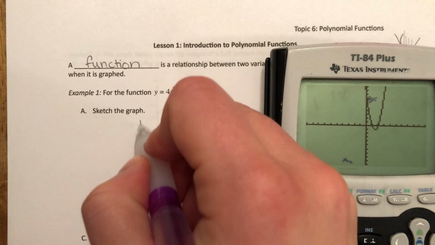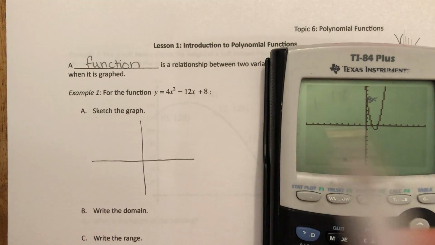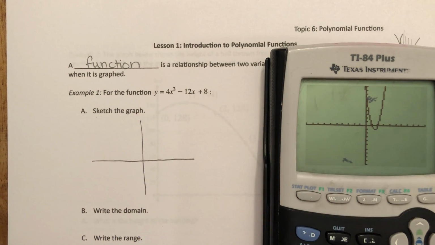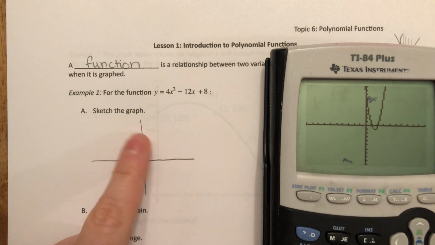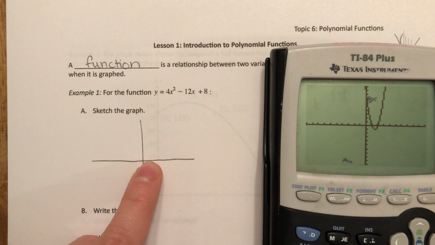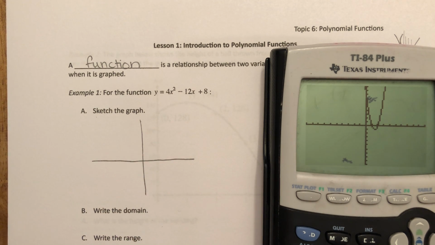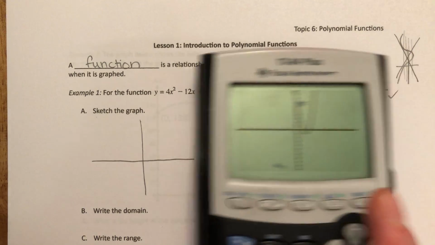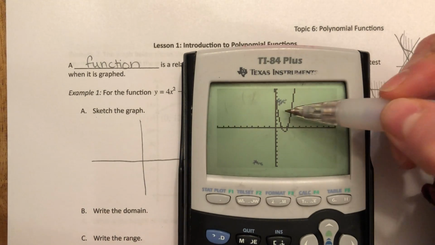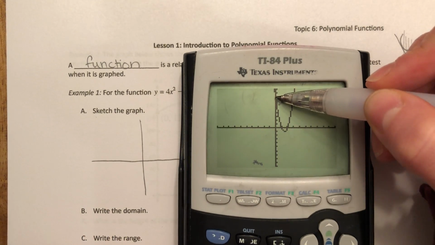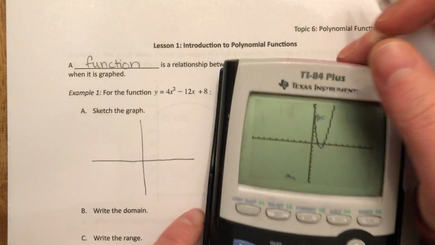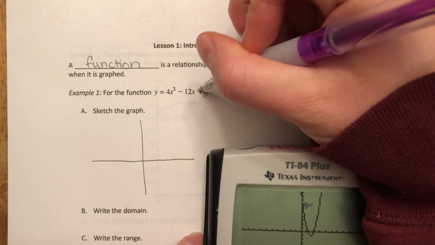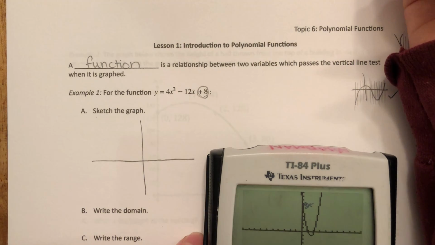So if I want to sketch it, when it says sketch, that means that we don't have to put it on an actual sheet of grid paper, but we do need to make sure that our intercepts and our maximums and minimums are at good points. Okay, so what I can see is I've got an intercept on the y-axis at 8. And if you remember from previous years, that constant is always going to be your y-intercept.